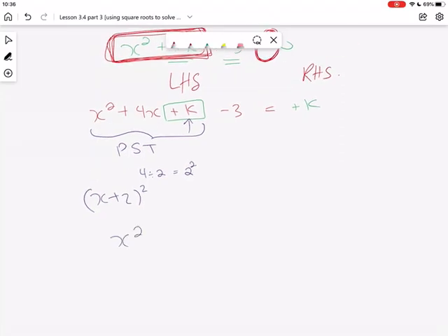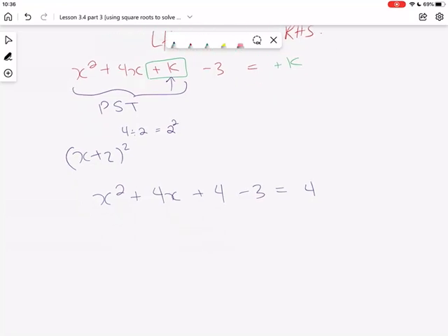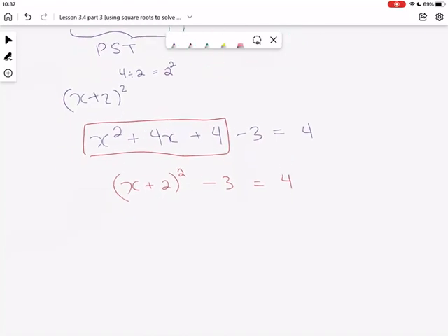So here I will have x squared plus 4x plus 4, which is my k, minus 3 equals 4. And I'm going to keep these together: this is x plus 2 all squared, I have minus 3, and I have equals 4.